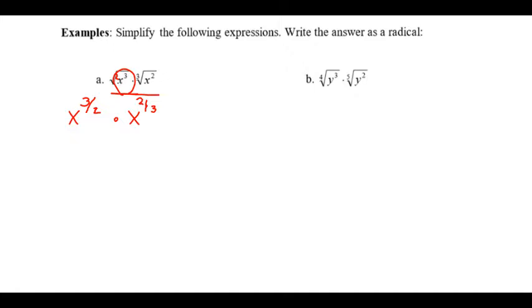Okay. Now what I can do, if you recall, when you multiply powers with like bases, you add your exponents. So I'm going to take my 3/2 and add my 2/3. Don't forget, you need a common denominator. My common denominator is going to be 6.